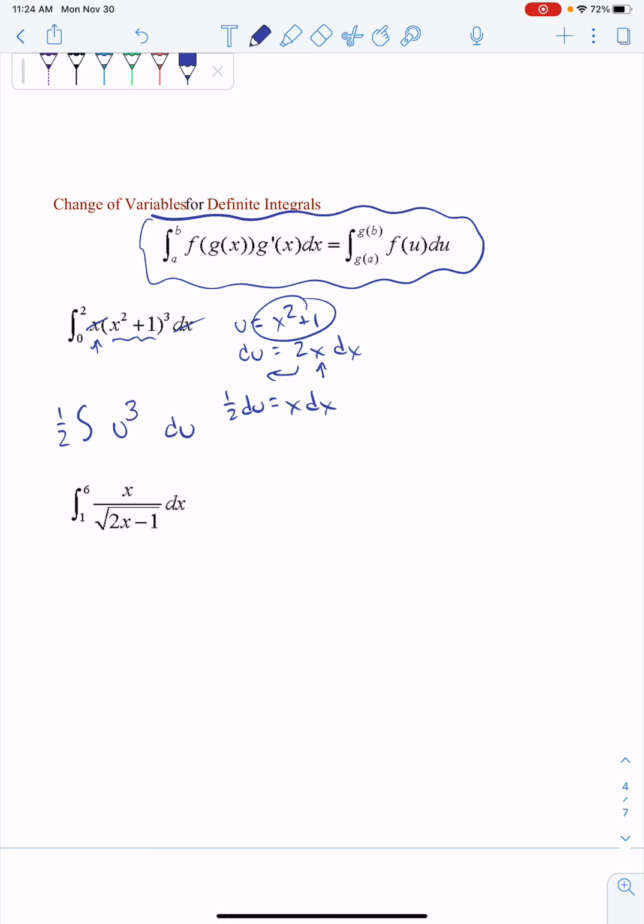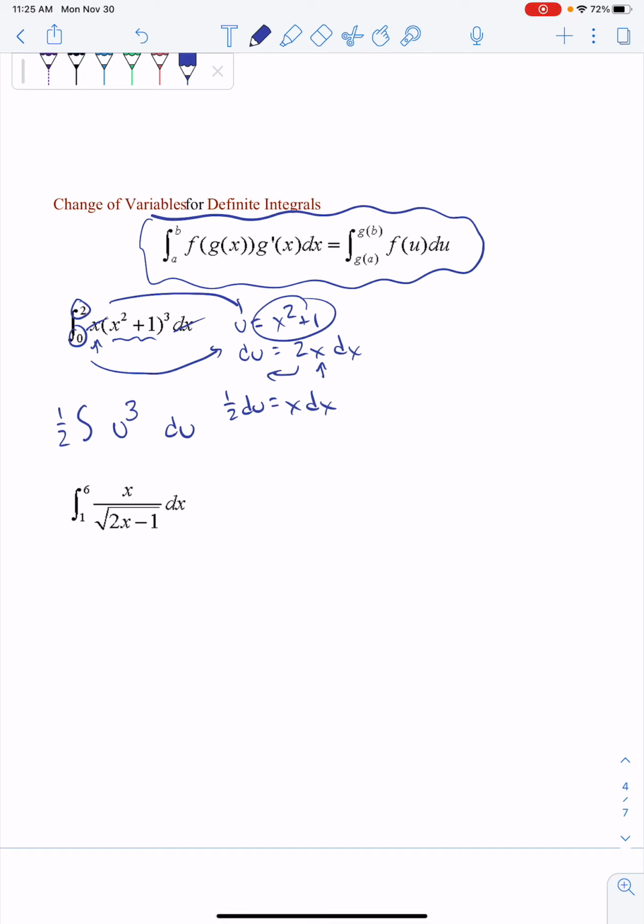Now, before I rewrite this, what we would do in the past with our other integrals is we would integrate, and then we would take our x squared plus 1 and plug it back in. But when I'm doing definite integrals, like we mentioned before, I can change my limits right here. I can change my bounds by plugging those into my u function.